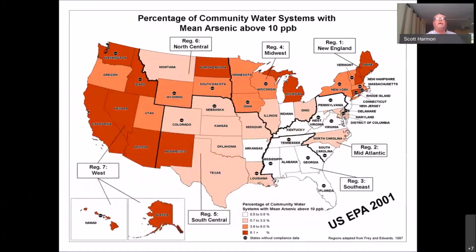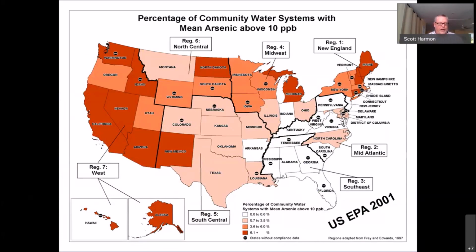This next map is the percentage of community water systems with a mean arsenic above 10 parts per billion, and 10 parts per billion is the MCL for the arsenic currently. This map is going to show you what the expected rates of arsenic concentration in source water are around the country.